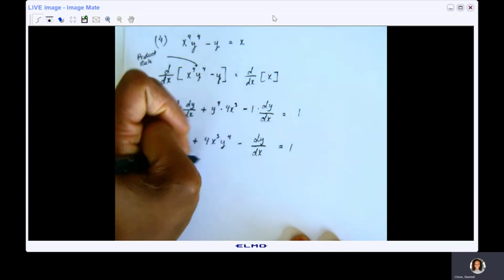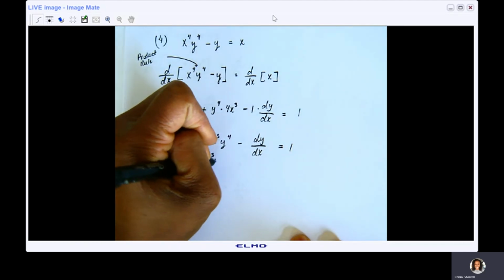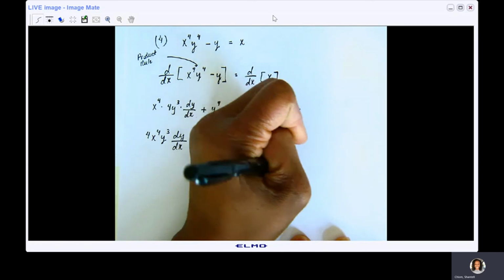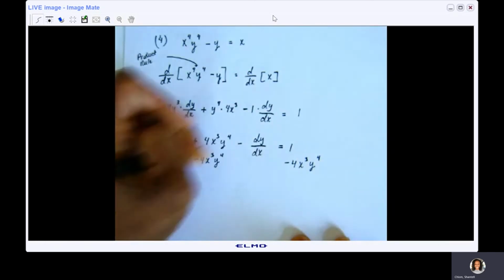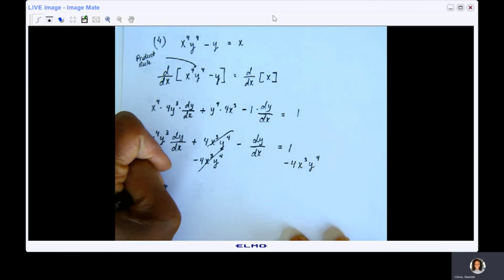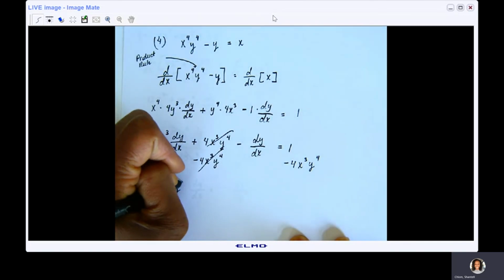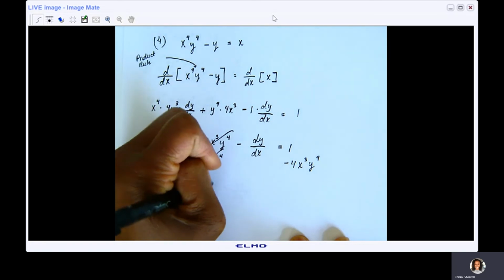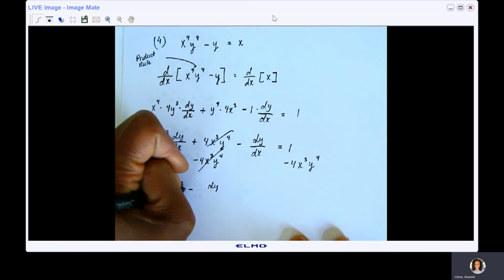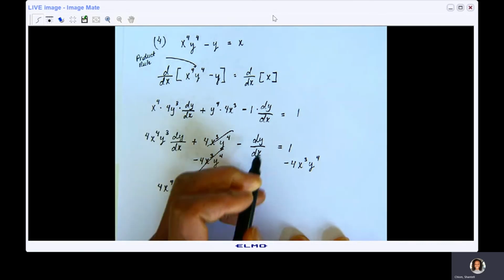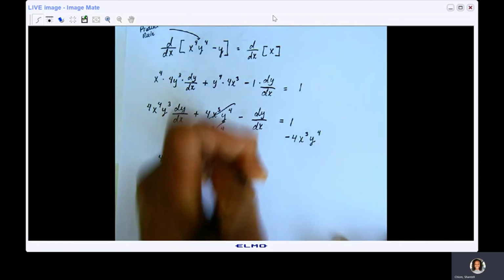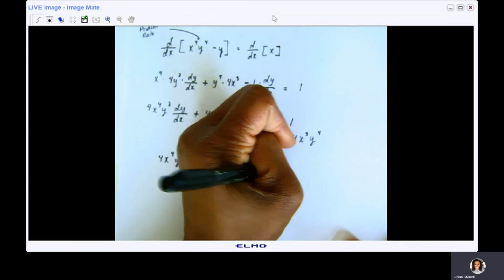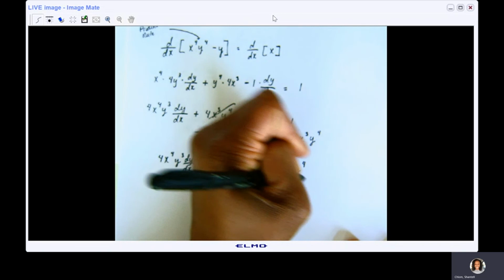This term I'm going to take to the other side, minus. So I got 4x to the 4th y to the 3rd dy over dx, and then minus this dy over dx, and that is equal to 1 minus 4x cubed y to the 4th.